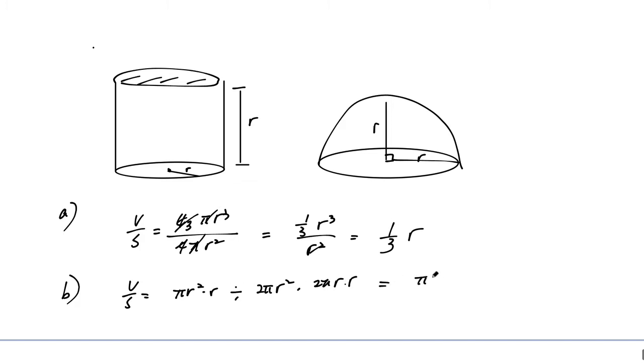So this is pi r cubed times 1 over 2 pi r squared plus 2 pi r squared. I'm going to factor out 2 pi r, and then I'm left with an r plus, actually this is also 2 pi r squared. So that's 4 pi r squared. Okay, so pi gets reduced. You have 1 over 4 and you have 1 r left on the top.